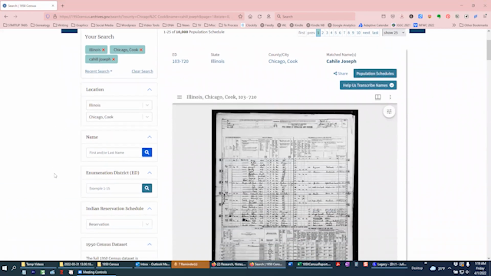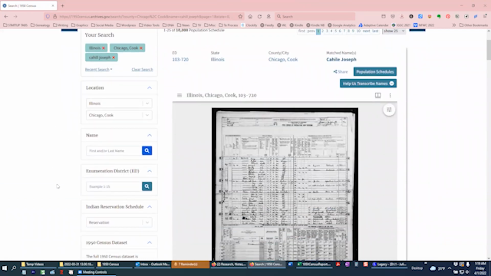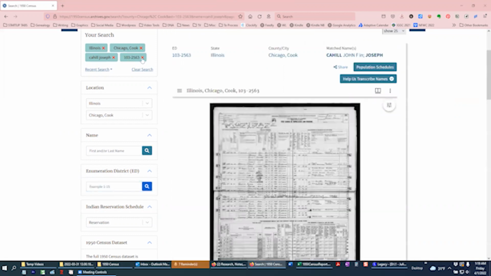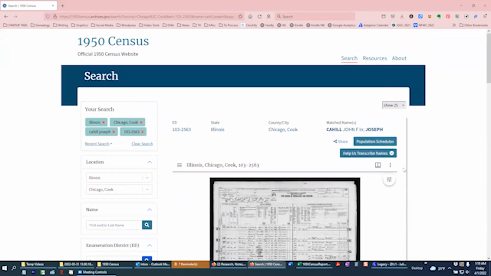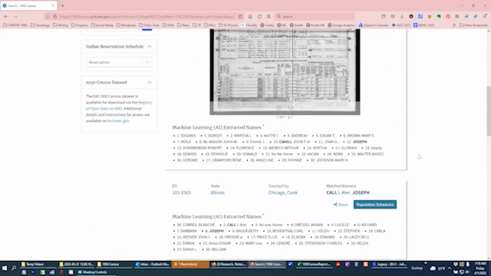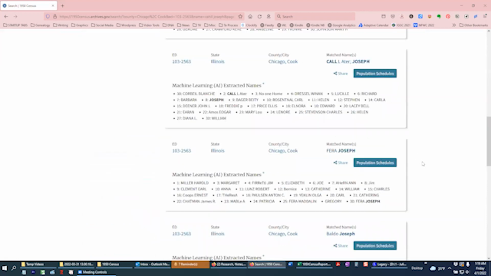So what I did, instead of going straight to the enumeration district and going page by page, is I actually put the enumeration district in. So it was 103, 2563. And when I did that, see, now my criteria has all of these things. It found, I believe, one, and then I guess it found some other ones too.